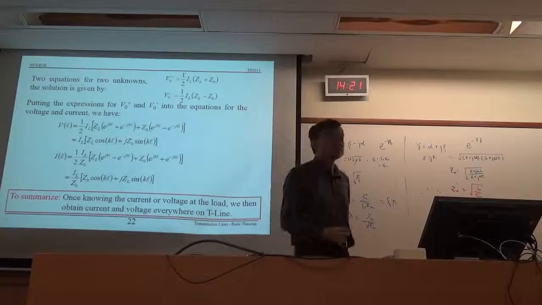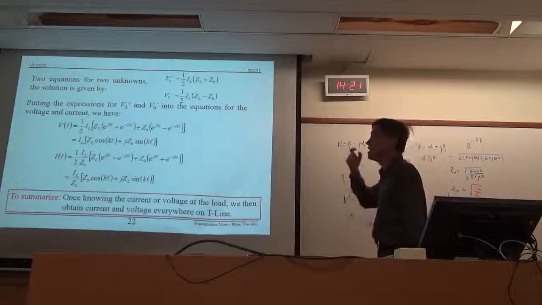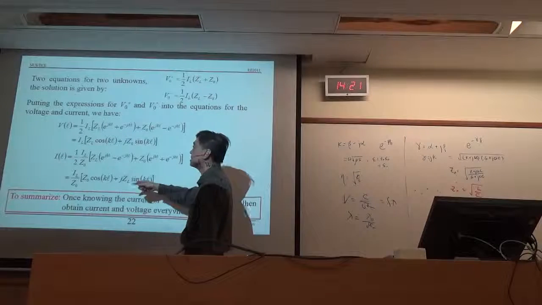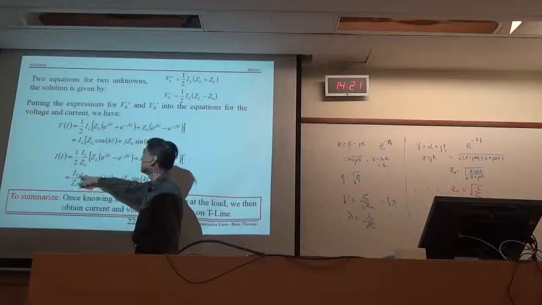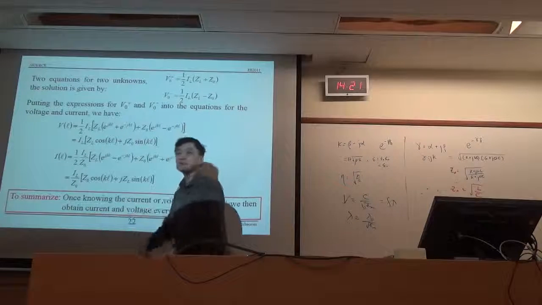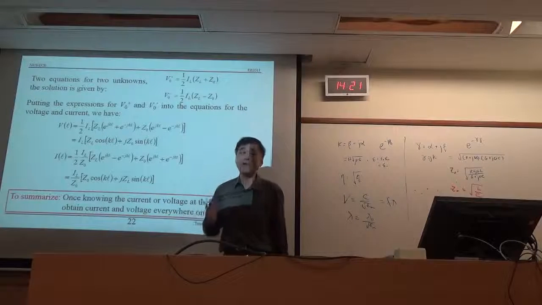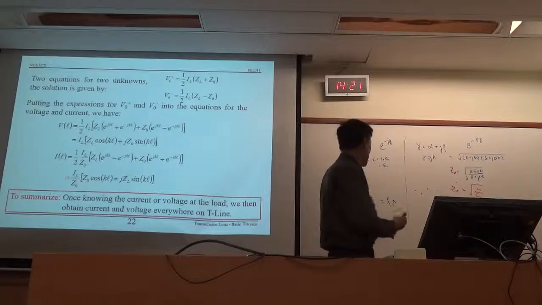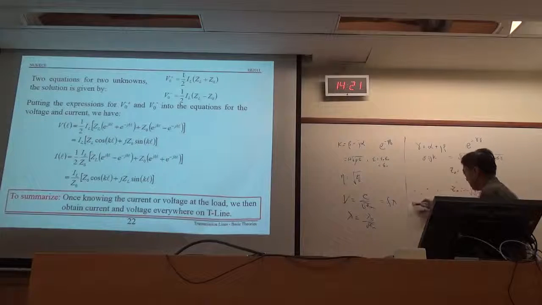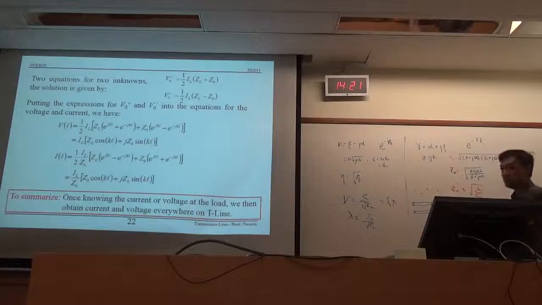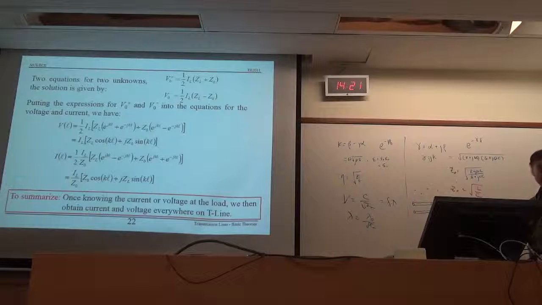Now, what it means is that once you know the voltage and current as well as the load impedance, you can know the voltage and current at any point along the transmission line. Once again, if this is the load ZL here, if I know IL, VL and ZL, three of them, since they are related by Ohm's law, I only need to know two.